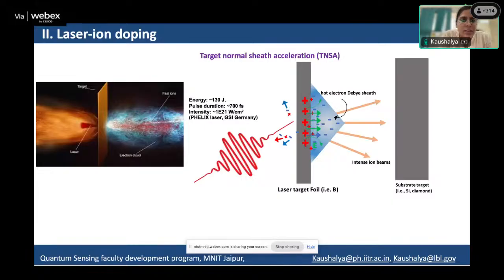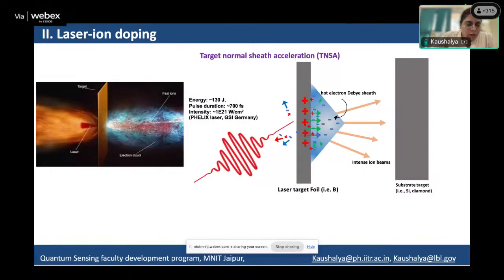What happens here is that you start with extremely high power lasers, and when I'm saying high power, they are in the petawatt power range.